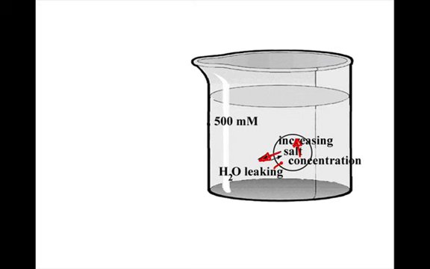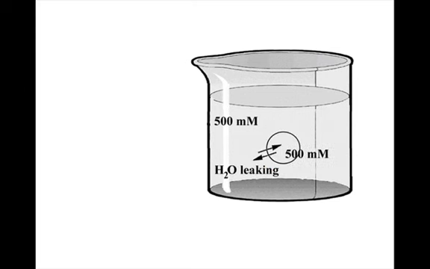And water will be flowing in and out of the cell, but it will flow out of the cell at a higher rate, and so water's leaving the cell, and the cell will be shrinking. And the cell's going to shrink and shrink and shrink until it reaches equilibrium. And it will reach equilibrium when the concentration on the outside is equal to the concentration on the inside. And water is diffusing back and forth, and now at the same rate. Like that.